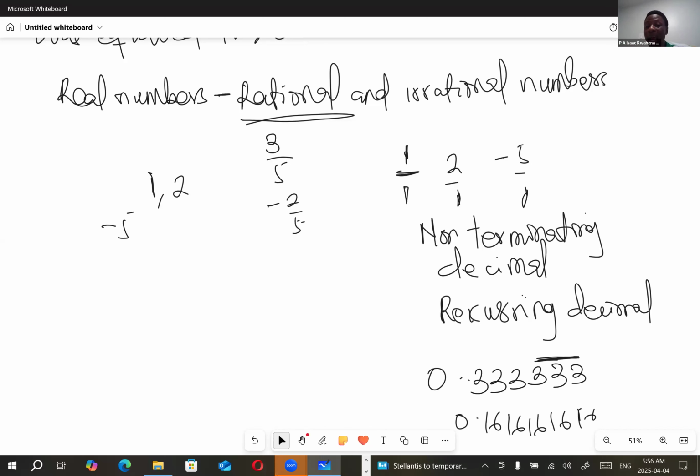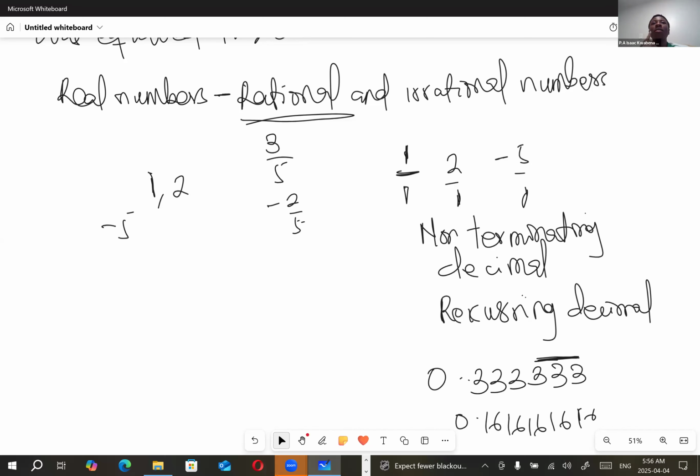It falls under one of these headings. Have you thought of a number that exists in this world and is not under this category? Nope. So that means any number in the world is a real number. Do you understand?